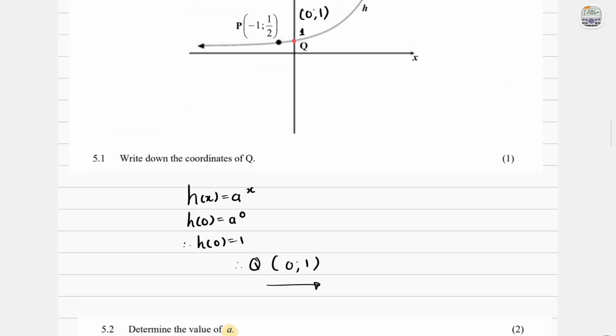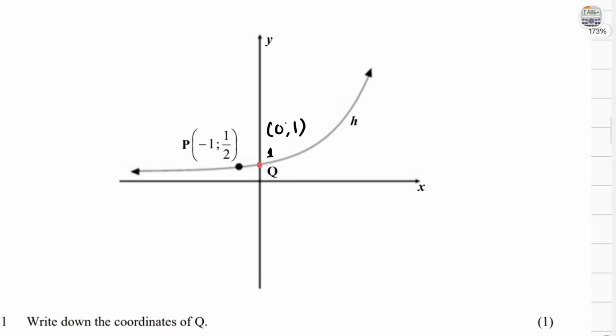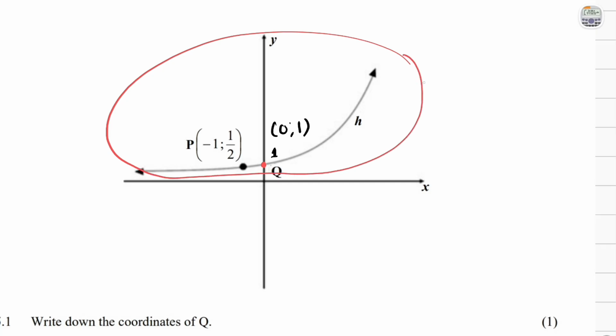Now you can compare it to what this graph looks like. If we know now that this graph does this, you see that it has positive y values all through, right? So because it has positive y values, it means that on the inverse, it's going to look the same way this does, but with positive x values like that.